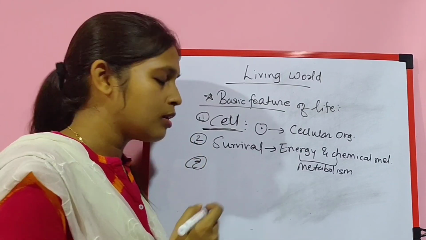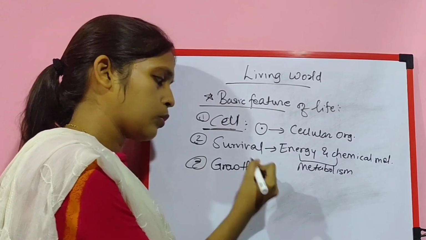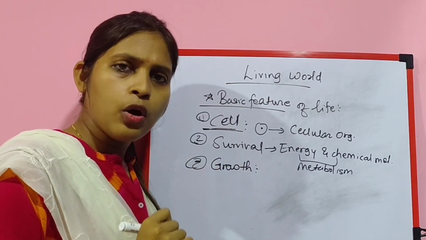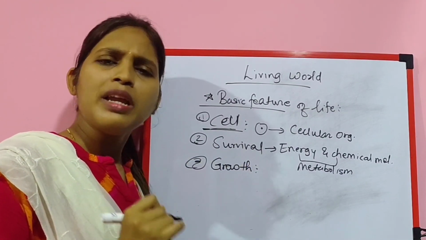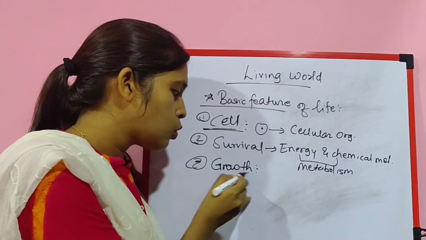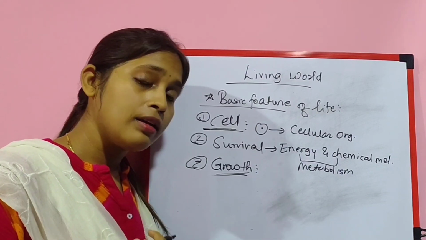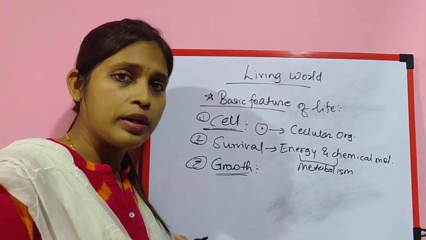Third. The third property is growth. Now, every living cell or every living organism shows growth. But how can we say something is growing?